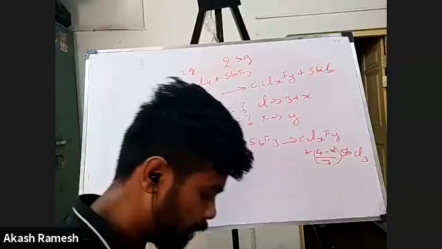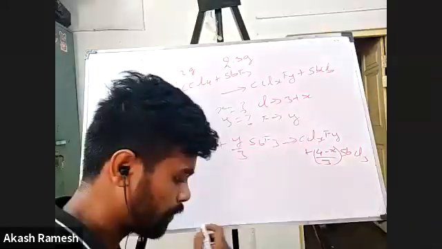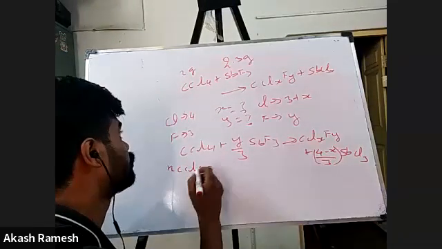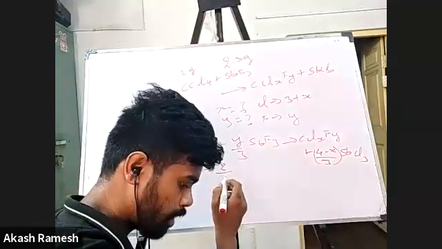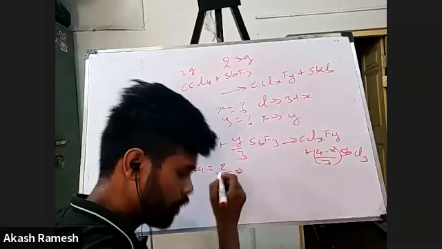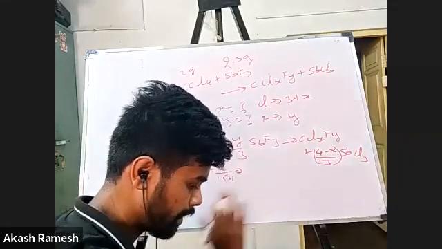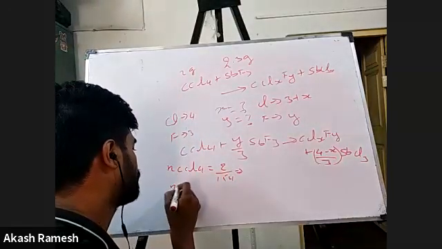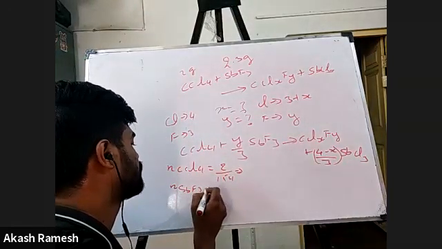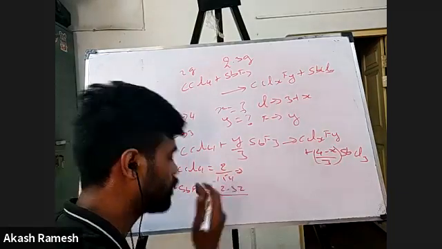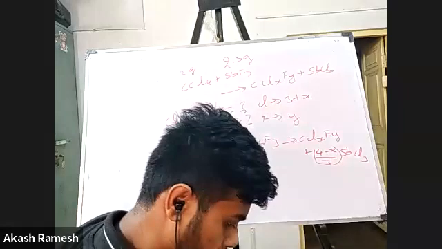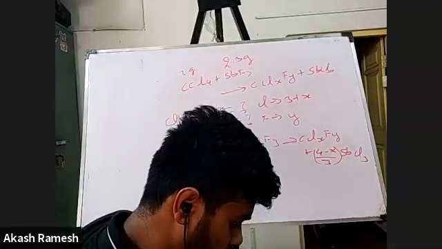Let me calculate the number of moles here. The number of moles of CCl4 would be 2 divided by 154, and the number of moles of SbF3 is 2.32 divided by 179, right?